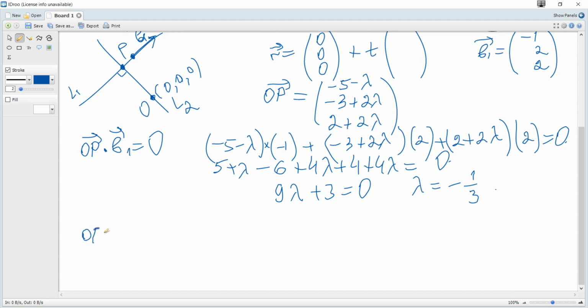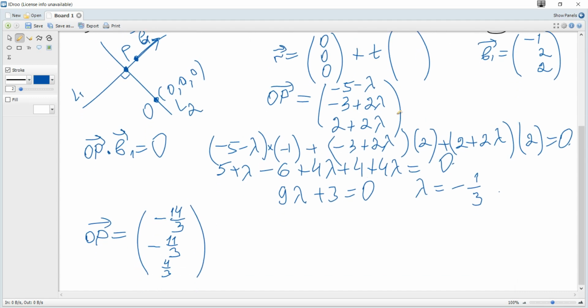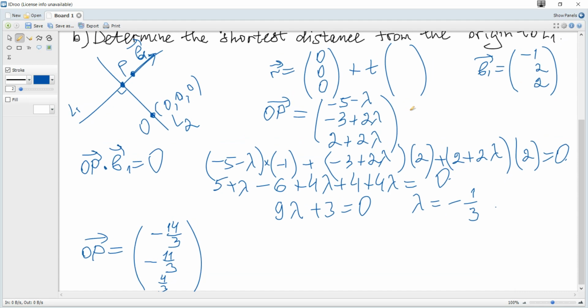So vector OP is (-14/3, -11/3, 4/3), and as direction vector we can take (-14, -11, 4).